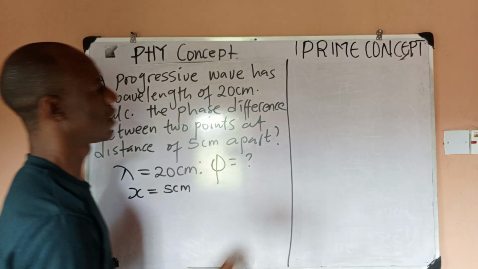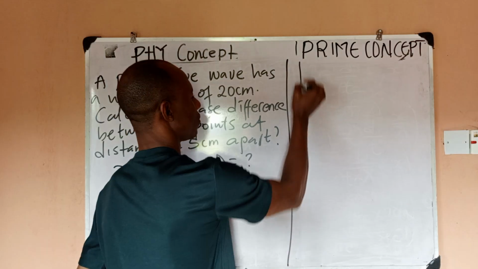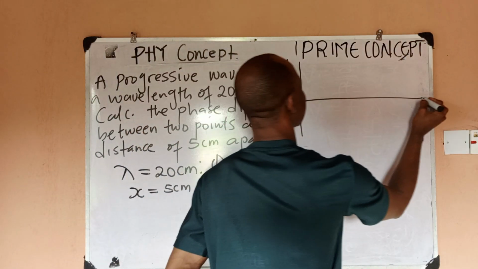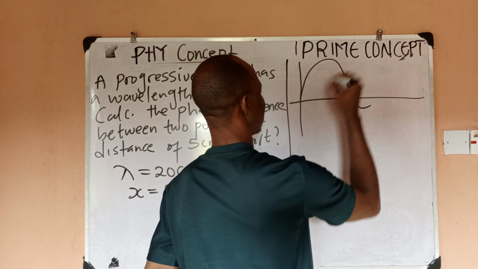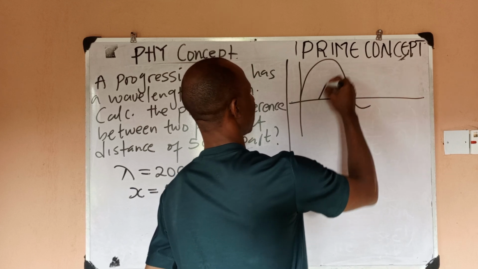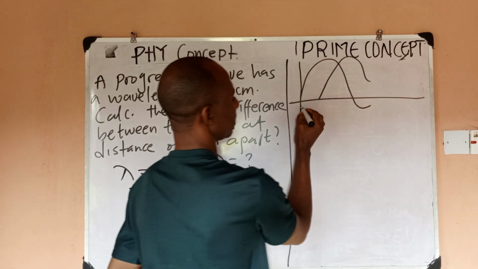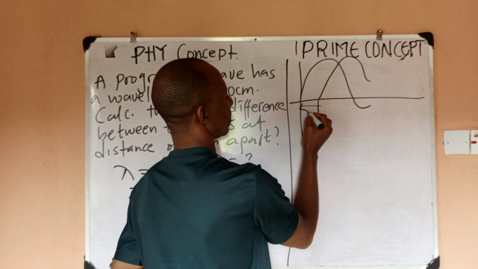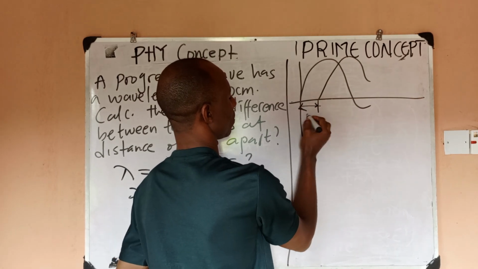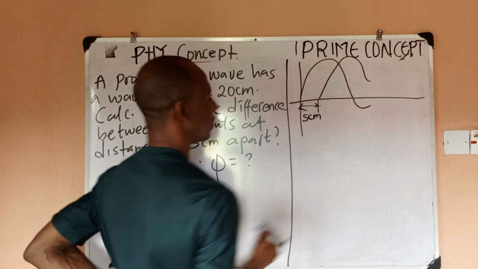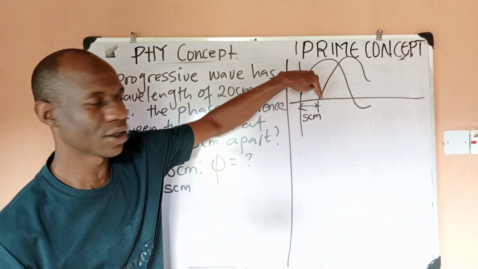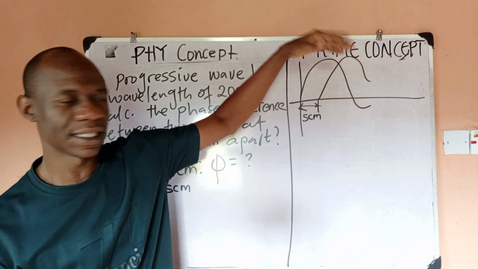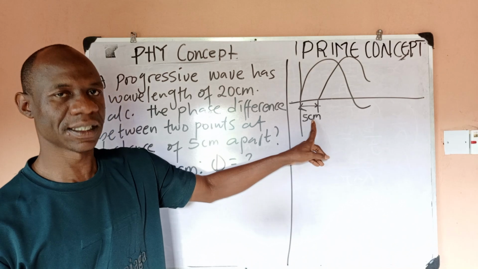Now let me use a figure to explain this to us. Say we have one wave like this, and then we have another wave like this. So this distance is what they gave us as 5 centimeters. And remember, if this distance is measured along the x-axis, then it means that x is 5 centimeters, right?